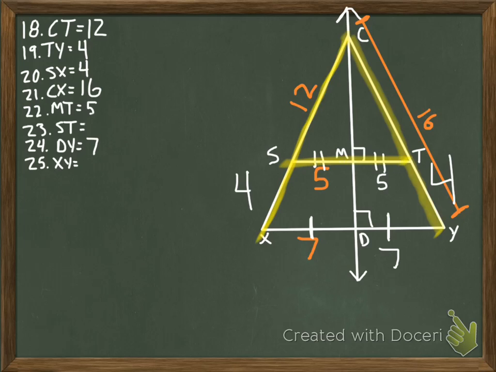That'd be this whole line here. That would be 10. 5 plus 5 is 10. And then last we got number 25 is XY. That would be the full length across the bottom here. And we already marked that XD is 7 and DY is 7, so we add them up to get 14.